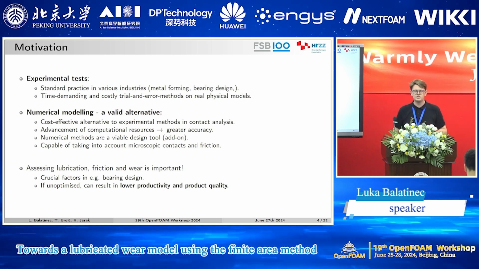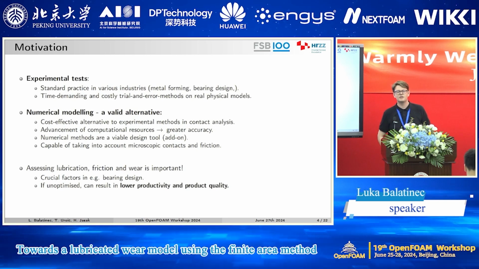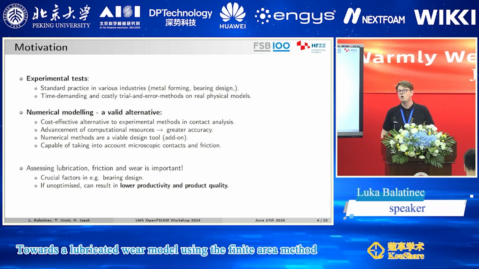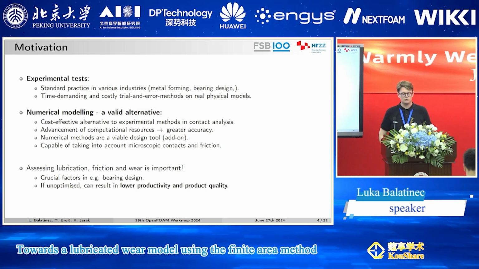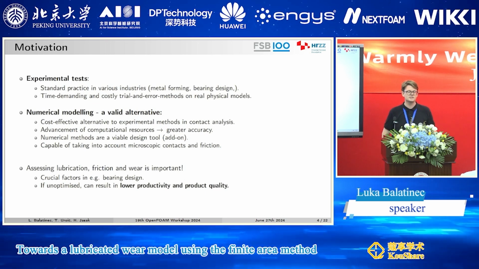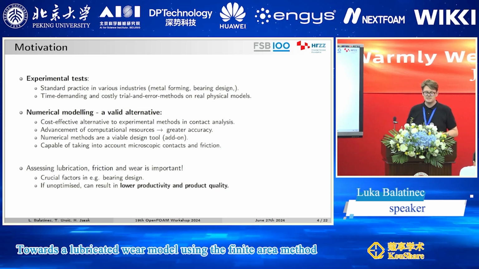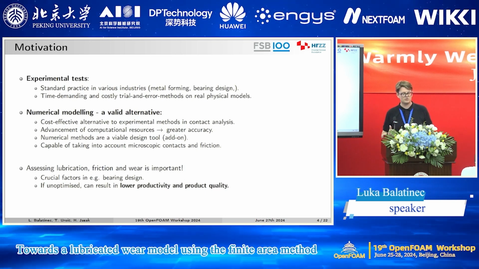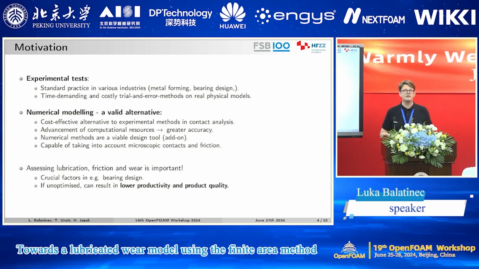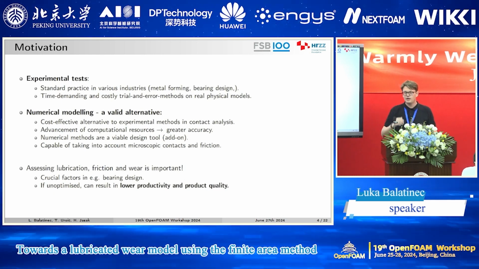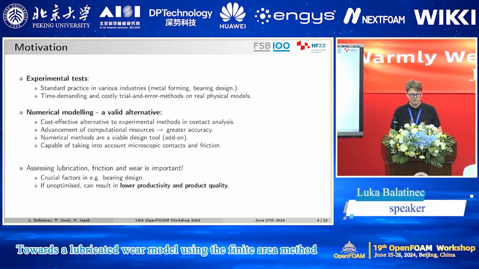With additional advancement of computational resources, greater accuracy may be achieved, allowing numerical methods to become a viable design tool or an add-on for existing tools, which is also capable of taking into account microscopic context and even friction. This is why assessing lubrication, friction, and wear is very important, as those are crucial factors in, for example, bearing design. If left unoptimized, they can result in lower productivity and even lower product quality.